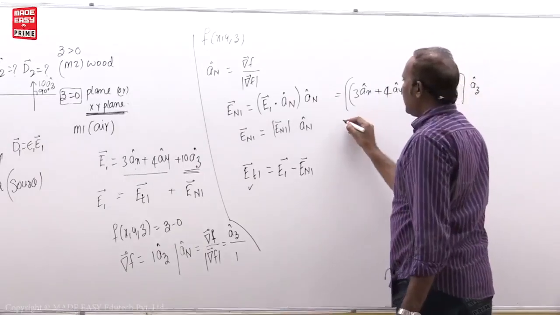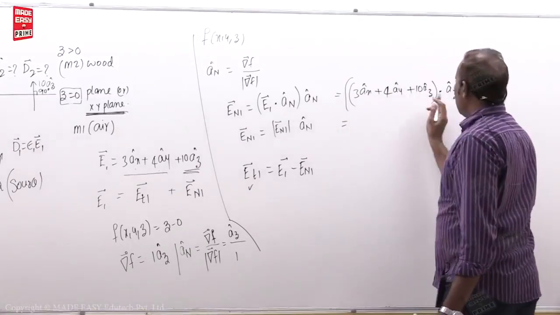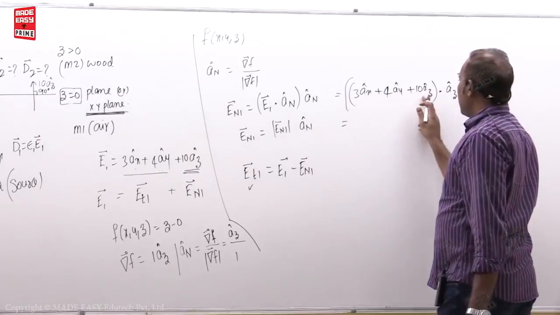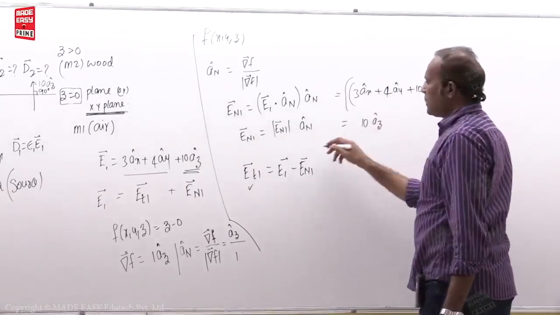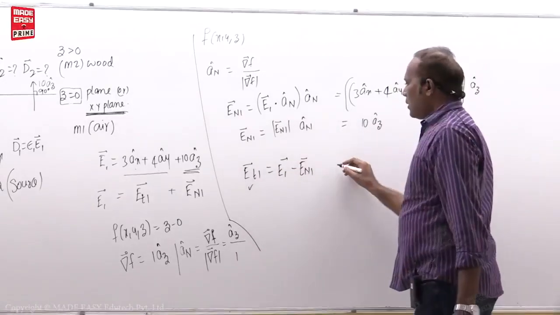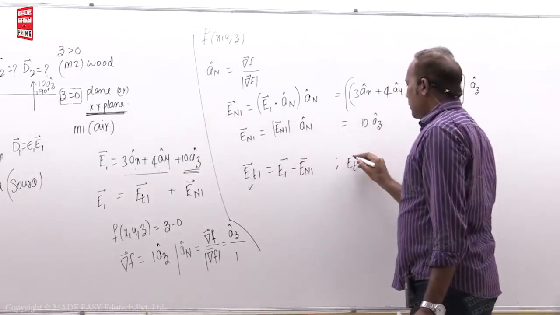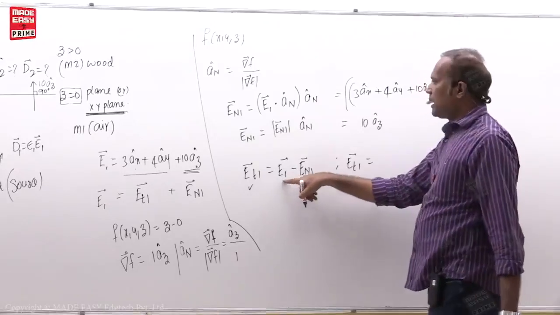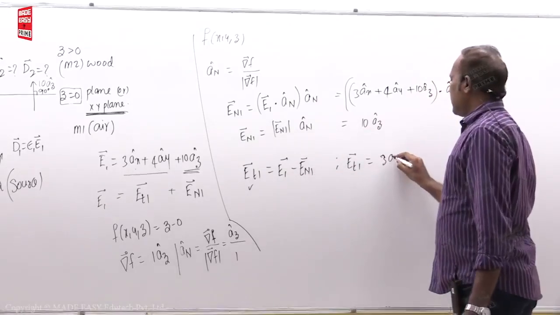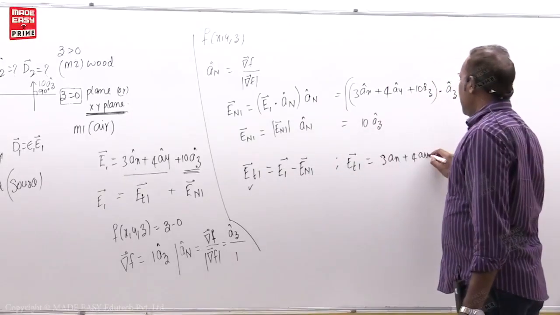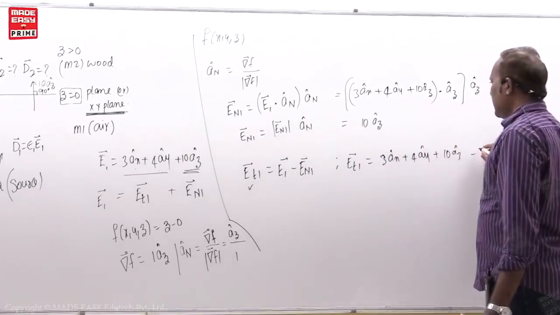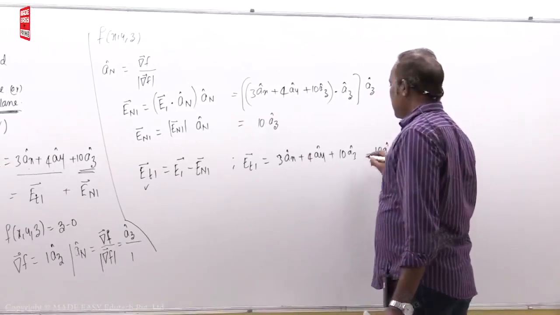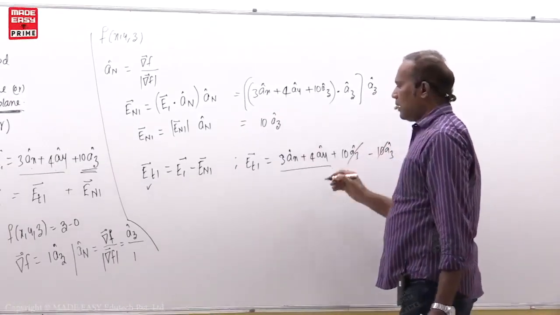So ultimately this is equal to az dot ax is 0, az dot ay is 0, az dot az is 1, times 10, so you get 10az. So this is the En1 bar. Now Et1 bar is equal to E1 bar, which is 3ax plus 4ay plus 10az, minus En1, that is 10az. So this cancels, and you get this.